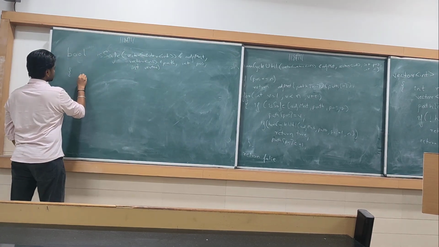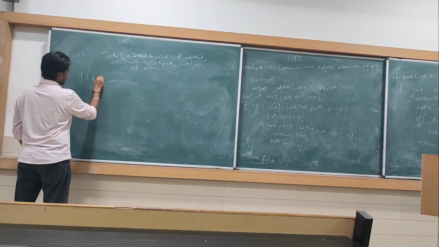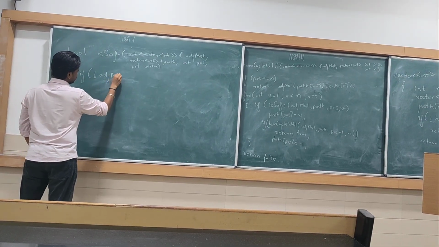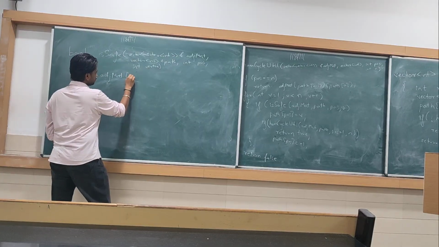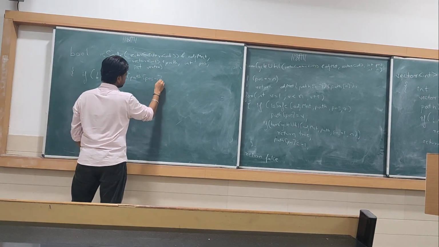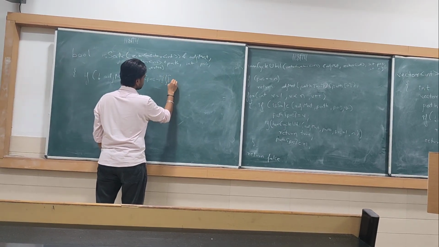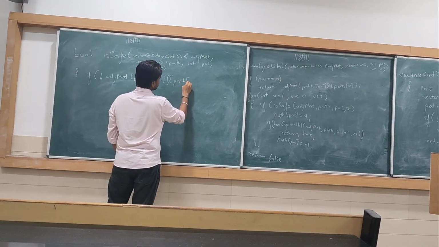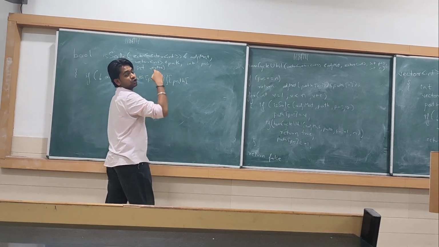So let's say if there doesn't exist an edge between position minus 1 and vertex, yes or no?